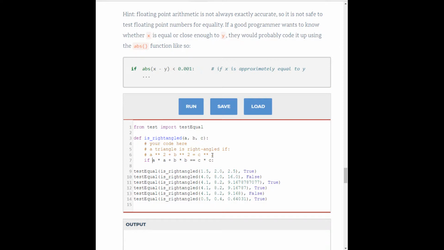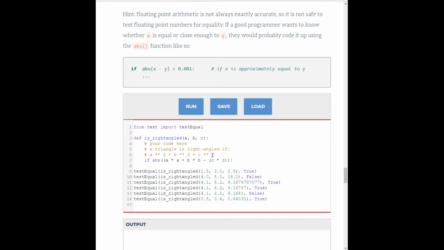Unfortunately, this, as we said up here, is going to be a little bit funky. So what we actually want to do is we want to check whether or not the absolute value of this right here minus this over here. So make sure that we get all of our parentheses correct so that it actually functions correctly here.